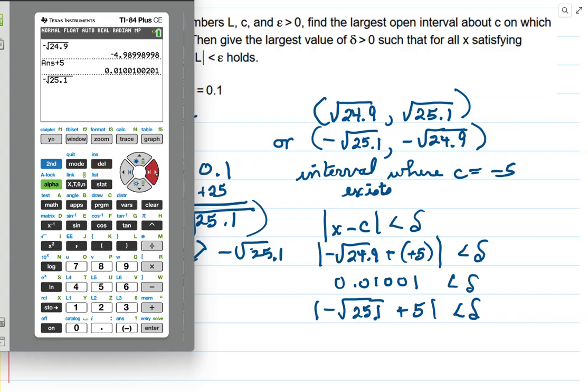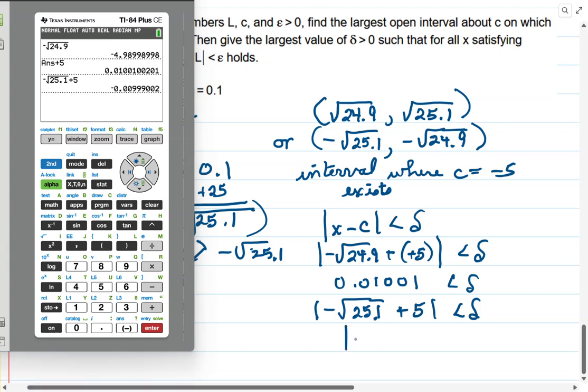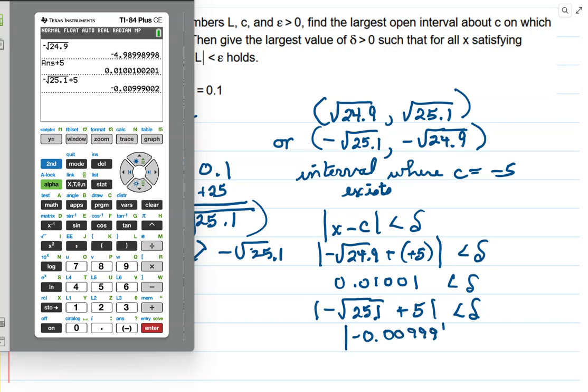I could enter. All right. So which is smaller? This has 2 zeros. Very tiny, right? This one's a little bit larger.